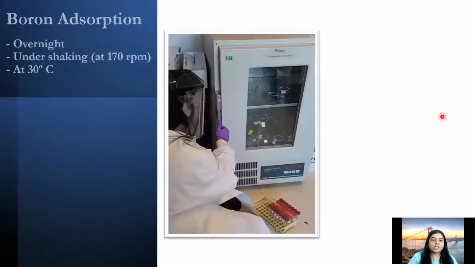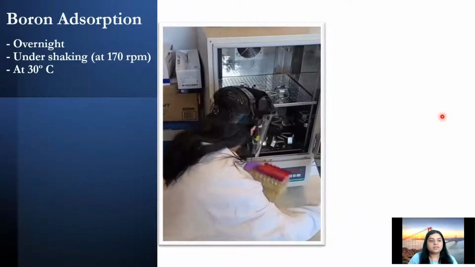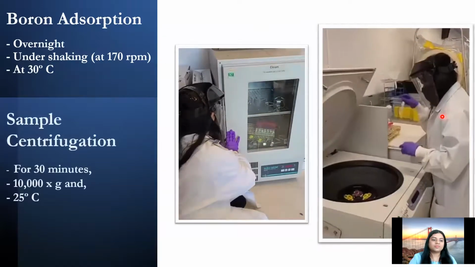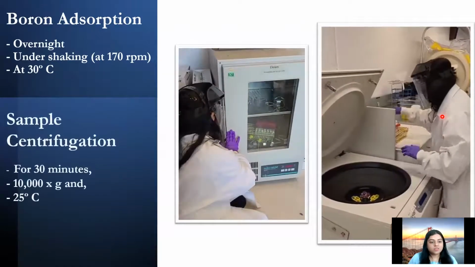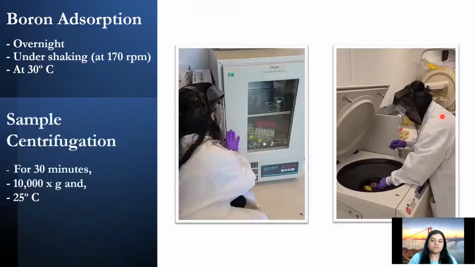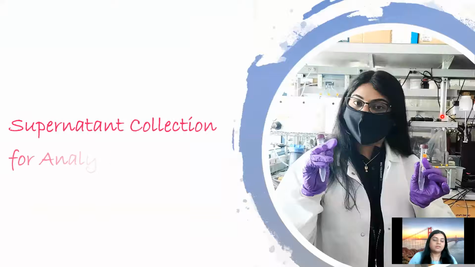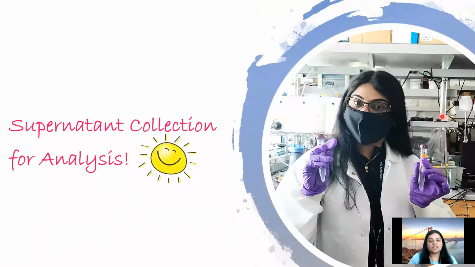Then, overnight boron adsorption was allowed at 30 degrees Celsius. And next day, samples were centrifuged for 30 minutes at 25 degrees Celsius. Finally, the supernatant was collected for analysis.